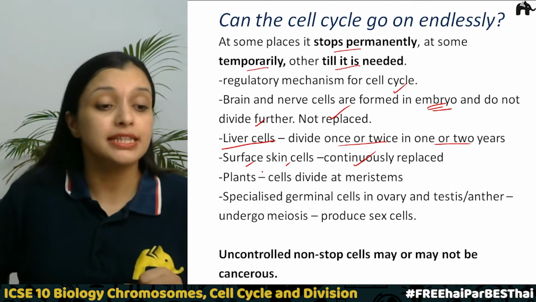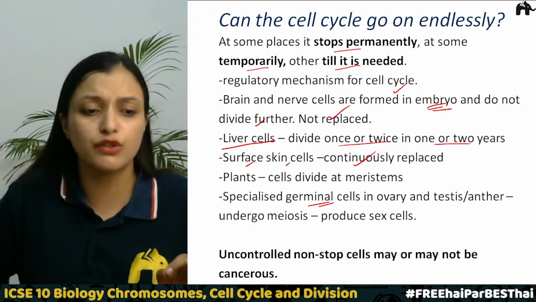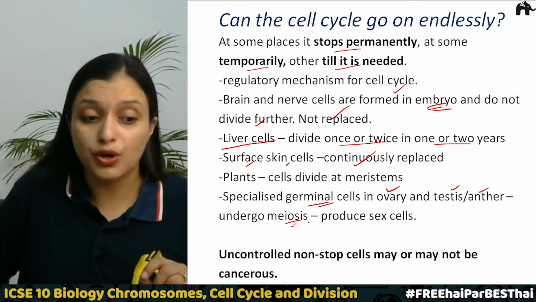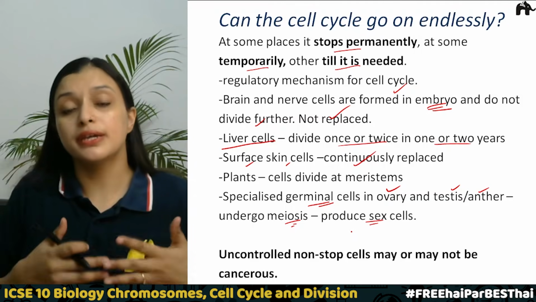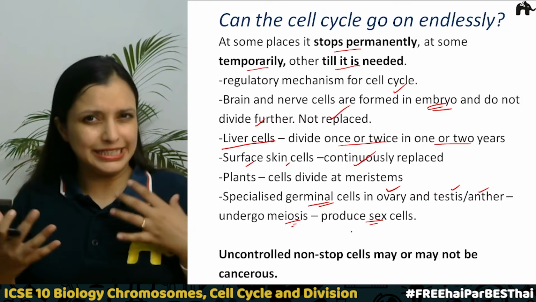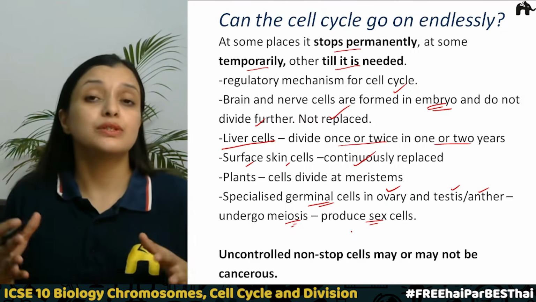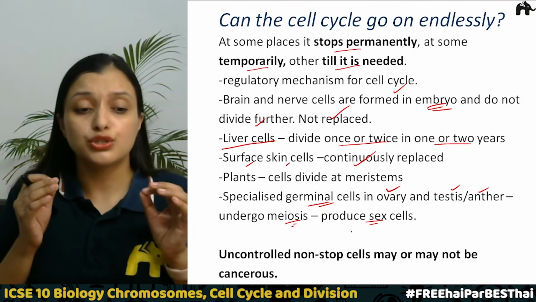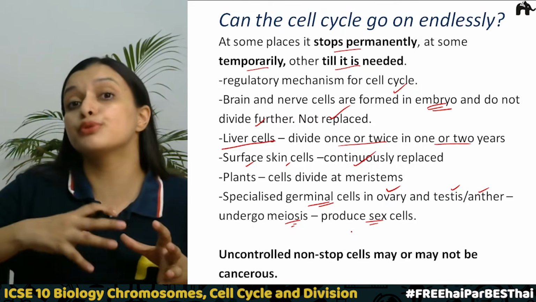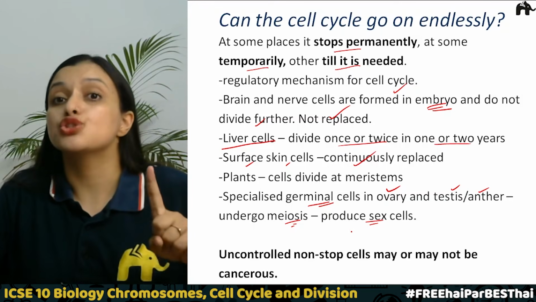Then coming on to the germinal cells, these are the specialized cells in the ovary, in the anther or the testes. They undergo meiosis and produce sex cells. If you read in detail, as we will study in further chapters, in reproduction the female ovary contains all the egg cells that she will produce throughout her lifetime at the embryonic stage only.